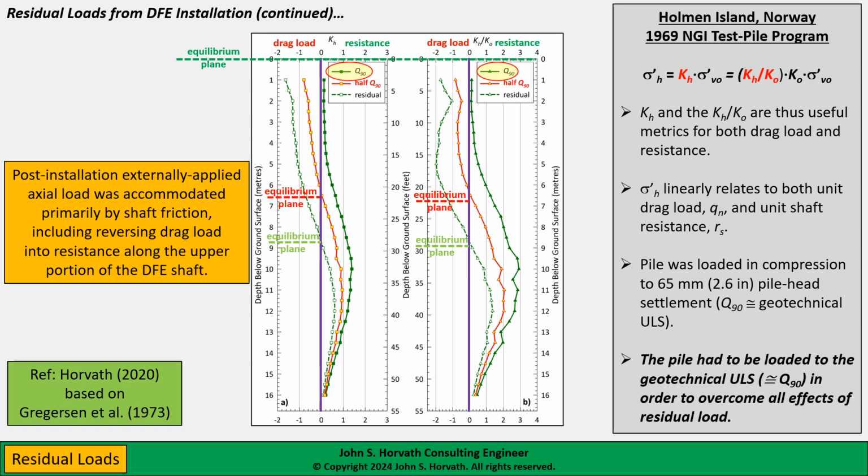So by the end of the load test, all of the drag load had been converted to resistance, although the resistance is still fairly low in this upper part of the pile. And in the process, the equilibrium plane is now at the ground surface. So again, we could see how the equilibrium plane has moved, in this case simply because of the application of external applied load. Now, not to digress too much, but if we had a situation where there was global settlement after installation, the equilibrium plane could move downward again, right?